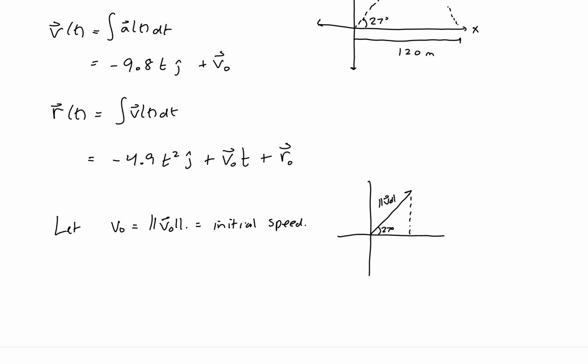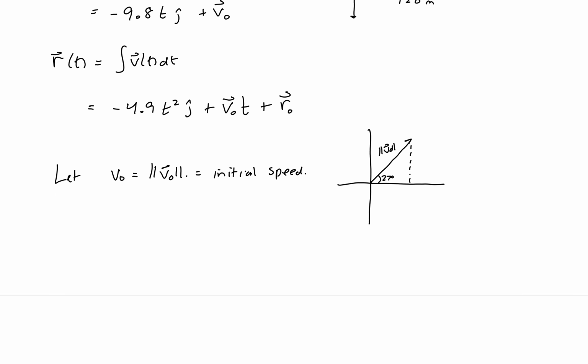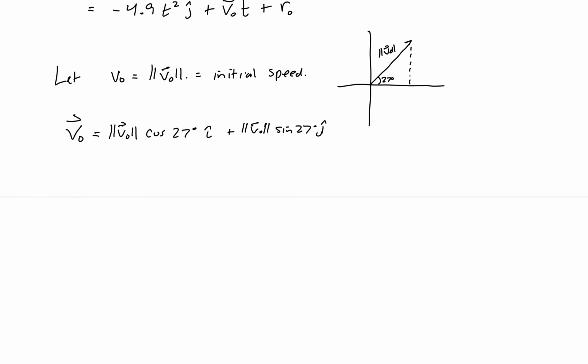So if we want to break the velocity up into its components, this is going to be the magnitude of v0 cosine of 27 degrees i plus magnitude of v0 sine of 27 degrees j, or if we want to use the notation for the speed. So that gives us our initial velocity.